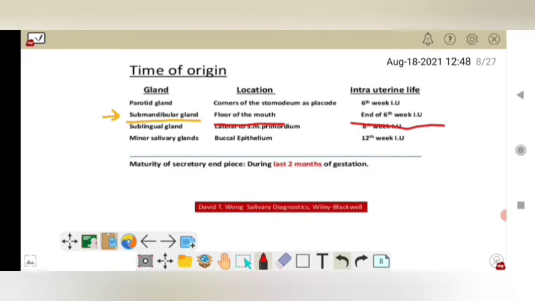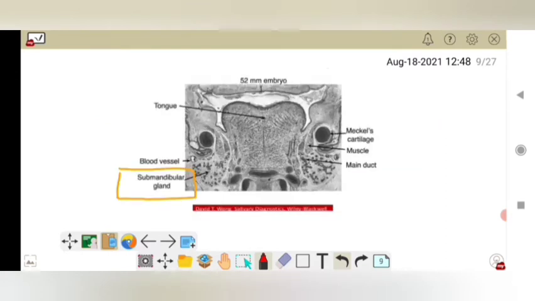The salivary glands start secretion, and their secretory pieces mature during the last 2 months of gestation, that is approximately 7.5 to 8 months. This is the picture. These are the developing submandibular glands. This is the tongue. This is Meckel's cartilage.